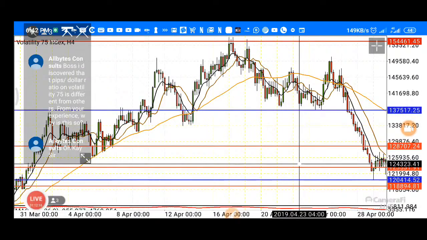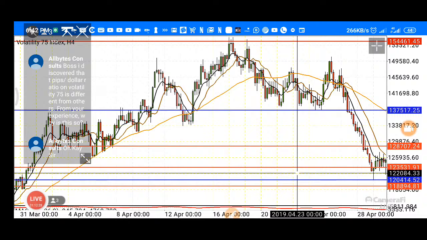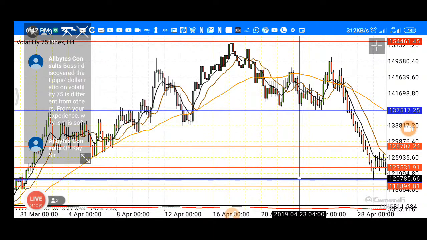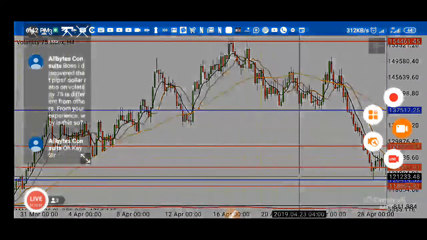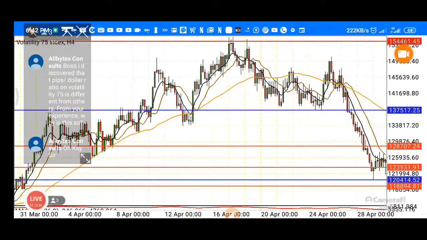So by now the market would have locked you out. So the thing you need to do here is just wait and watch what will happen. If this market still comes down here and bounces again, then you can enter. So let's see what will happen.